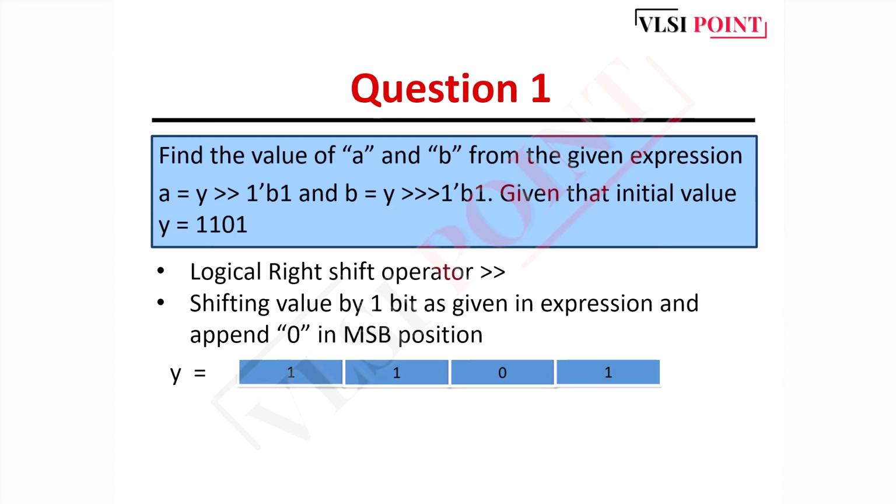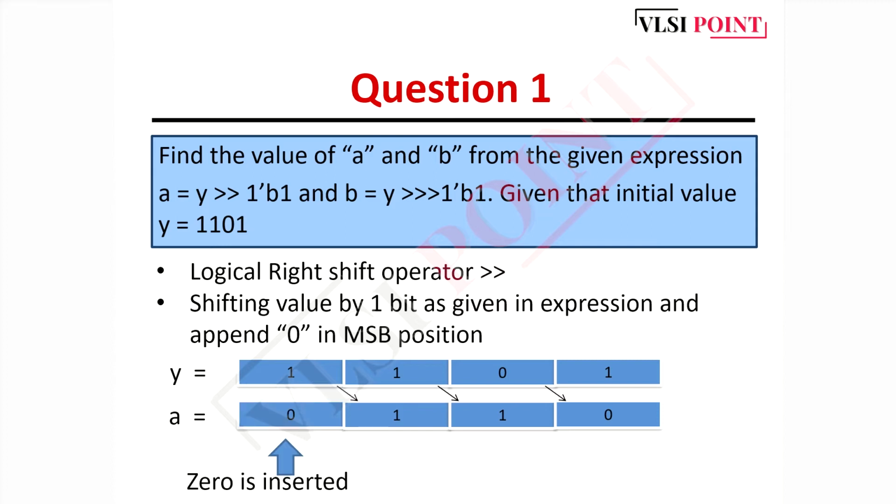So here Y is 1101. When you shift this value by 1 bit towards the right side, then the value will be 110, and in MSB position the value will be 0. So here we insert the 0 value. So the final value of A is 0110.